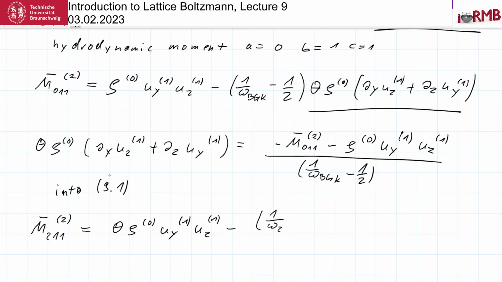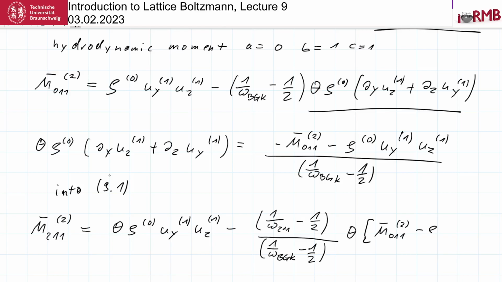Okay, I call them 211, minus (1/omega 211 minus 1/2) divided by (1/omega BGK minus 1/2), and this theta will remain here, and this goes into M011 to second order minus rho 0 uy1 uz1.